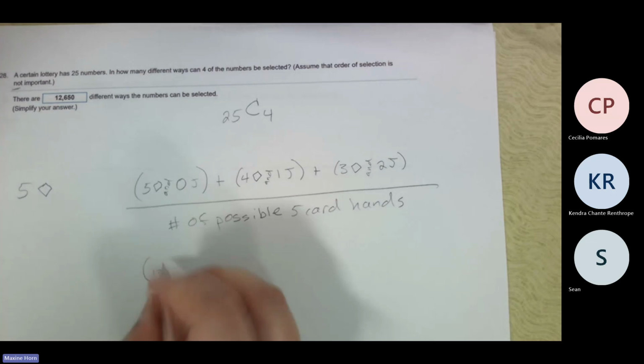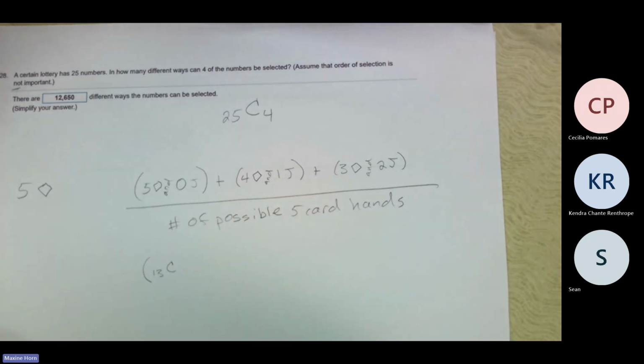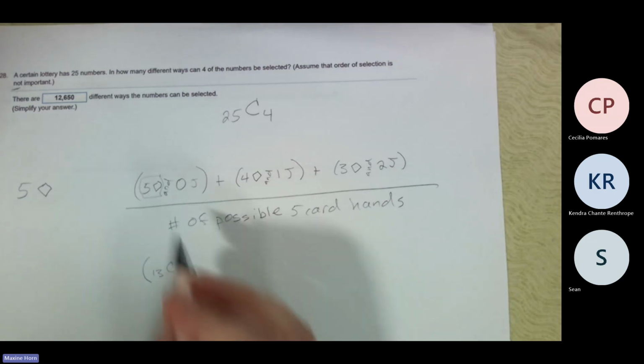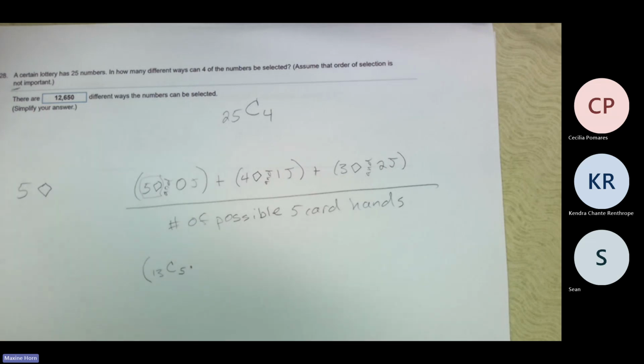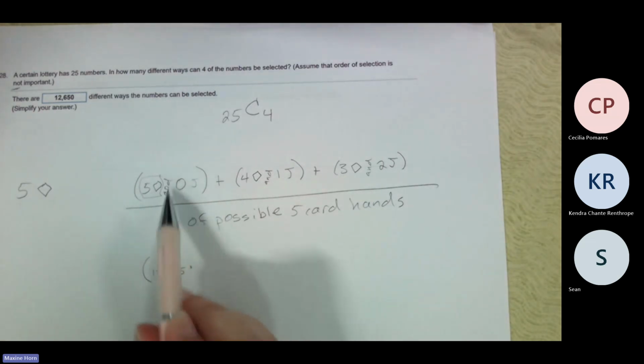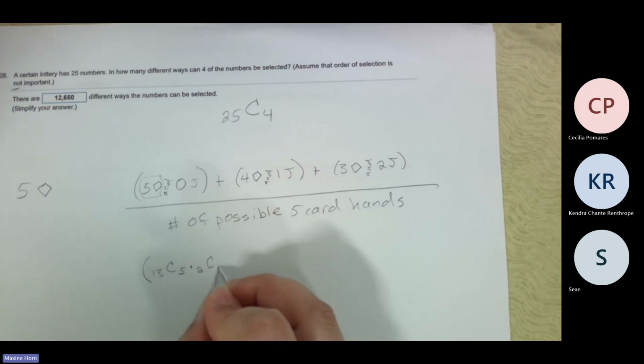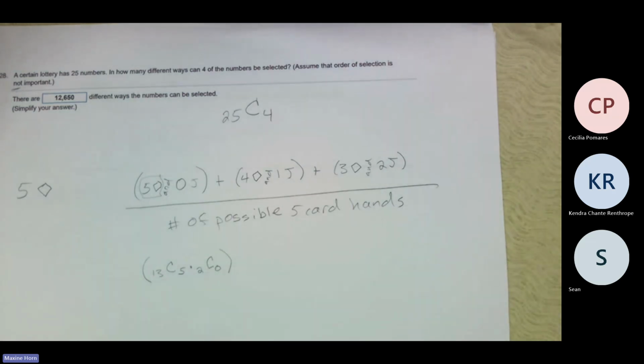There's 13, and I'm going to choose 5 of them. That's 13 choose 5. I'm going to multiply that by, how can I get 0 jokers? There's only 2 jokers, and I want to choose 0 of them, so 2 choose 0 is just 1.